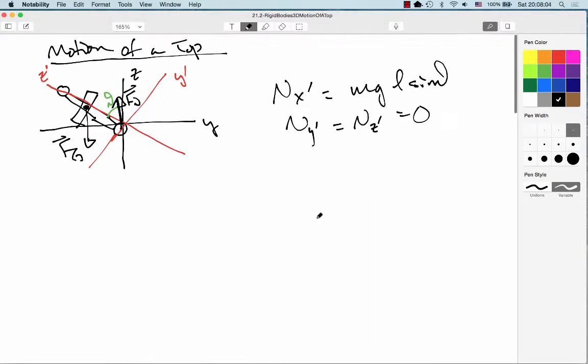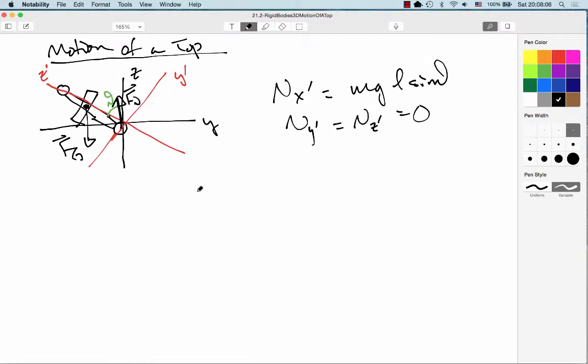All right. So following this thought here, the x prime component of the angular momentum will be equal to I_x omega_x, those are all primed, so it'll just be equal to I theta dot.